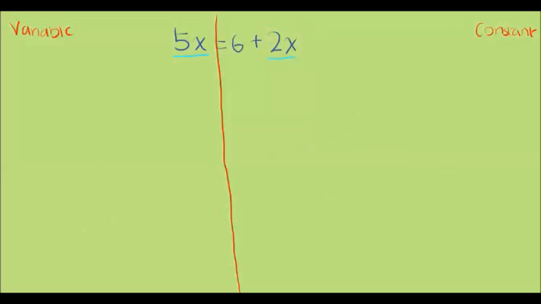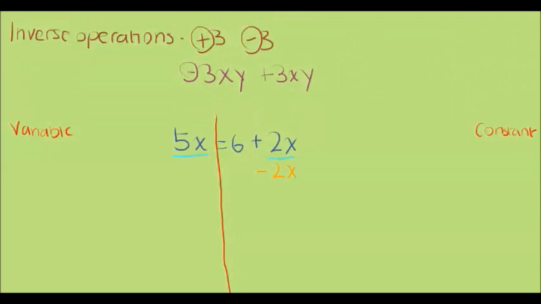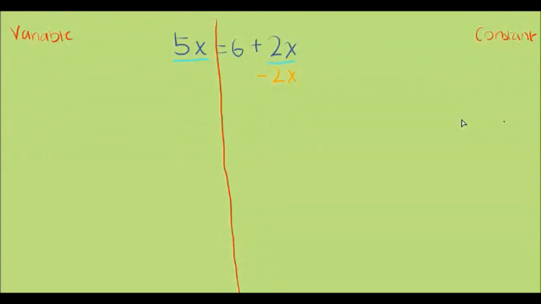Therefore, I am going to get rid of the 2x by subtracting 2x, which is to use the inverse operation, as you probably noticed. The opposite operation of plus is minus, so I'm just going to subtract 2x. However, when I do that to one side of the equation, I have to do that to the other side of the equation to balance it, so that the equation wouldn't be wrong.